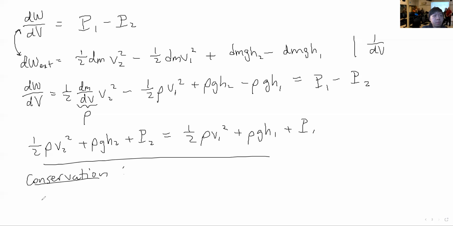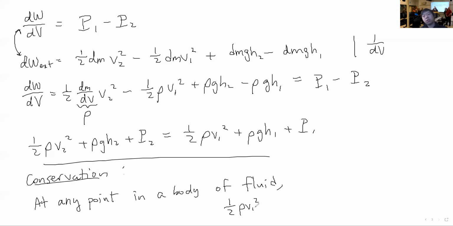So at any point in a body of fluid, this combination remains constant, right? So half rho v, well, there's no subscript anymore because it's just in general. Someone asks whether the speed of the water particle can be differentiated with time to set it equal to 0.